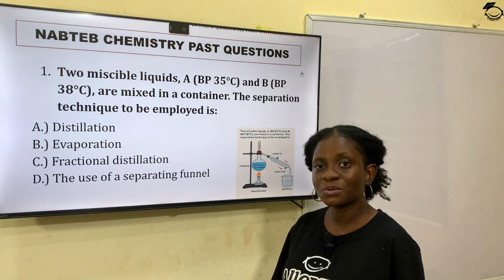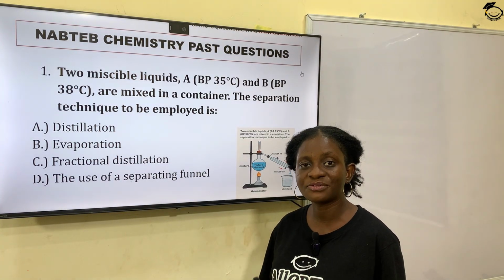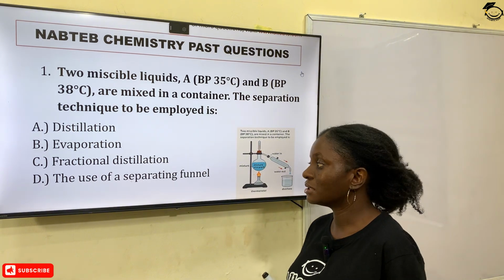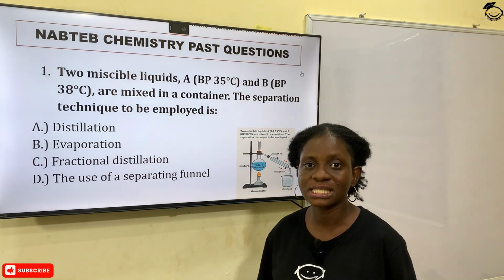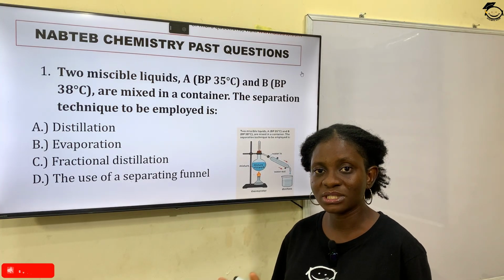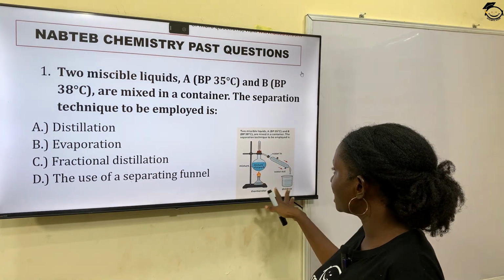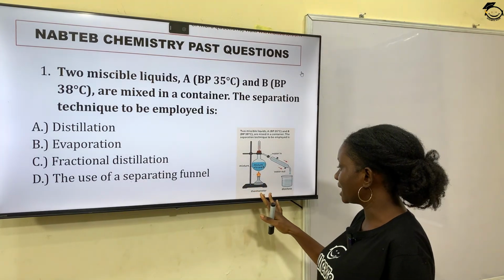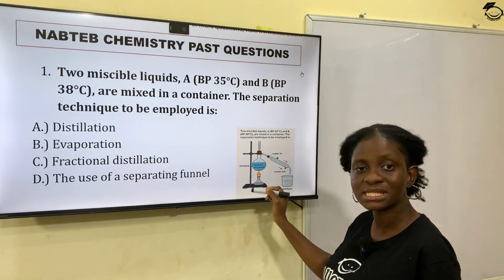When you have two liquids with different boiling points, fractional distillation is a technique that can be used to separate these miscible liquids. And as you can see in the picture illustrated, we have the column set.